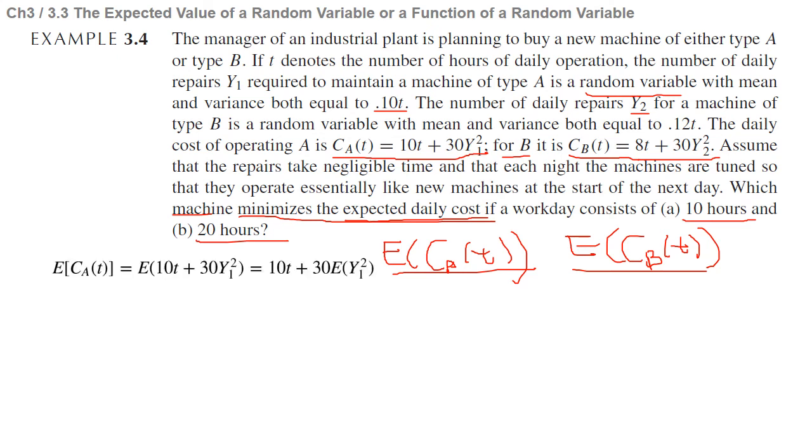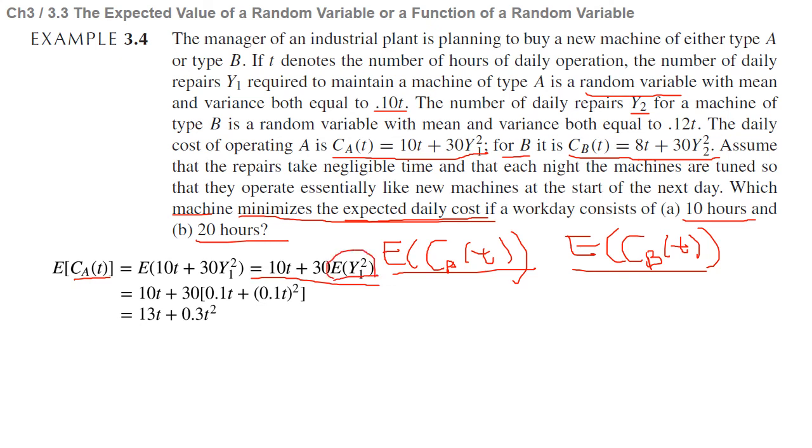Okay, let's calculate the expected value of cost A(t). Actually, C_A(t) is a function of a random variable, the expected value of 10t plus 30 Y1 squared. By the theorem, it can be expressed as 10t plus 30 times the expected value of Y1 squared.